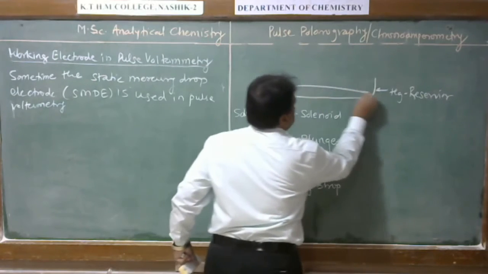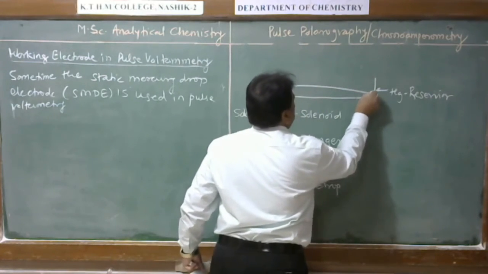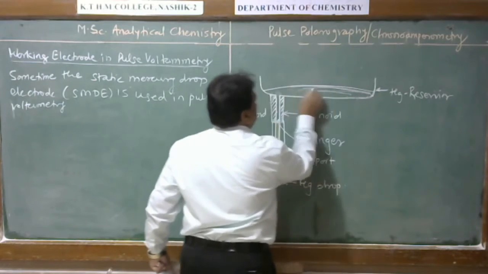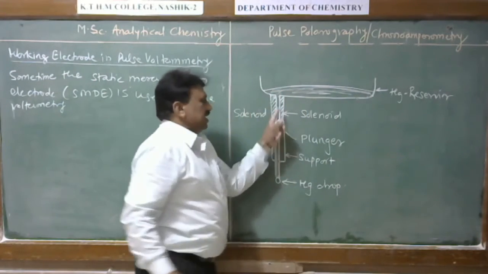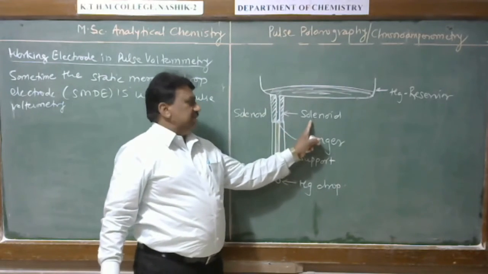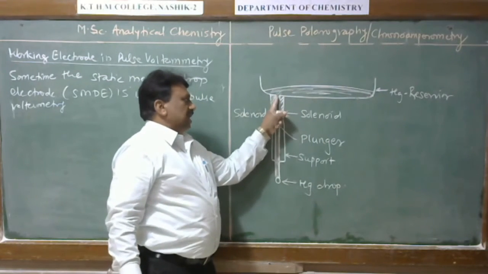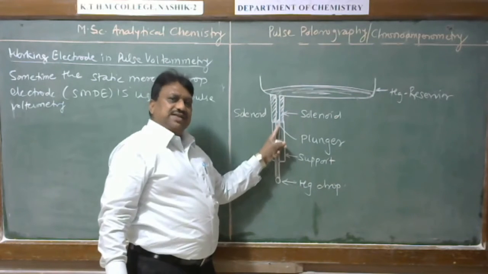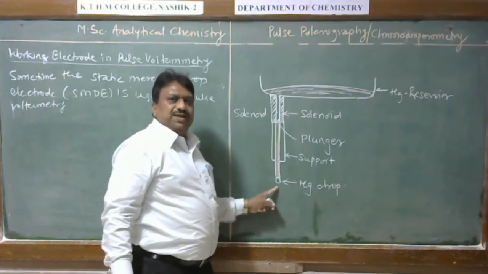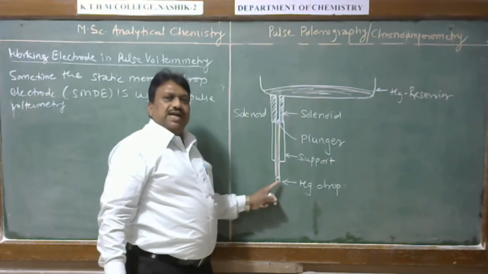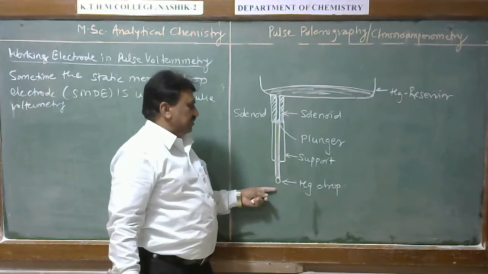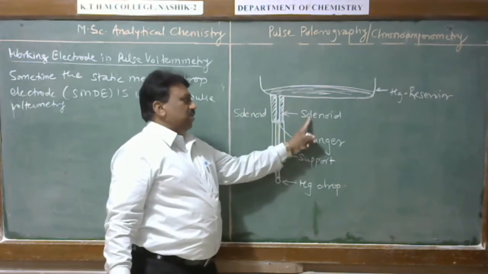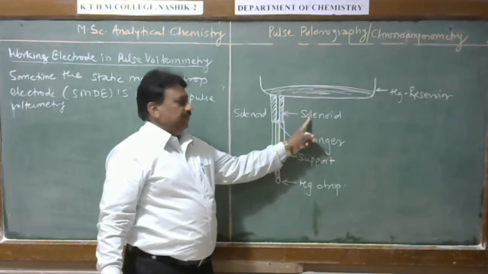Here this is a mercury reservoir. By means of this solenoid, a specific amount of mercury is continuously given through this capillary, and the drop is given at a fixed time interval as the timing of this solenoid is controlled.